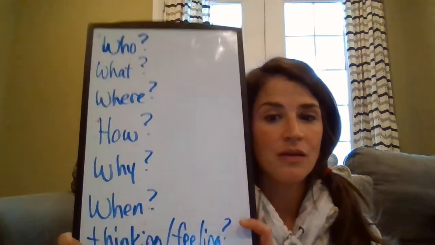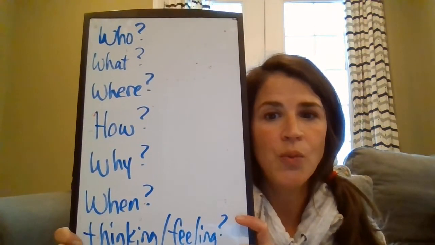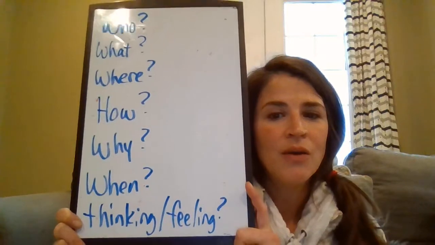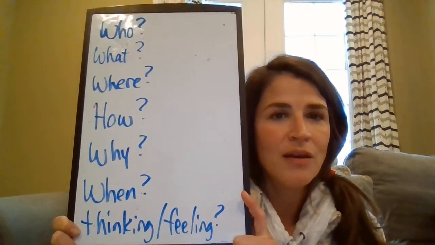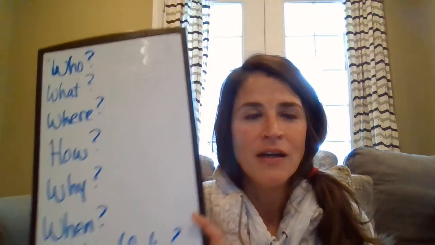The key to keyword outlining these two topics is asking questions. You're going to want to ask all the questions: who, what, when, where, how, why, and what are you thinking and feeling.